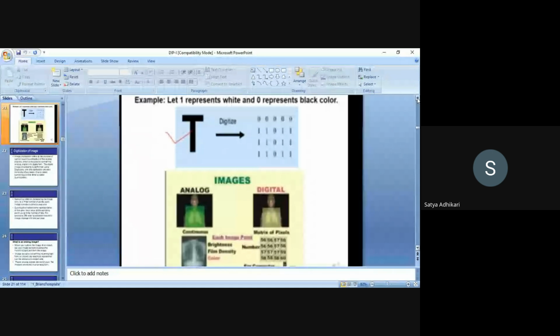But you see, a digital image does not contain only white and black color. There is some black color which is deep black, and the intensity of the white color is also different. You see there are some clear whites and deep whites, deep blacks and light blacks, that means different gray level values.